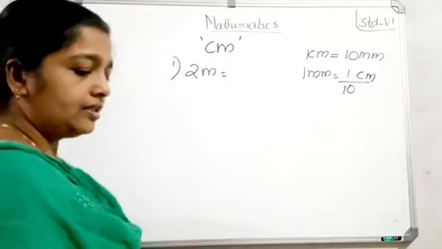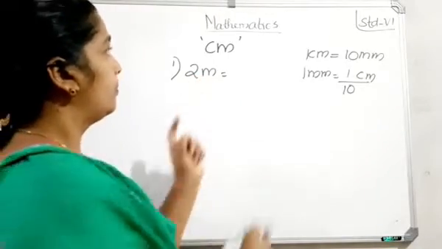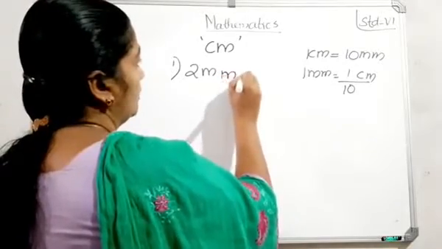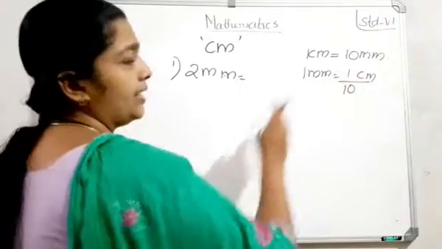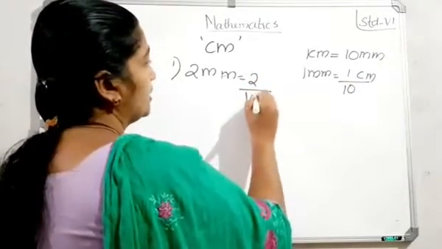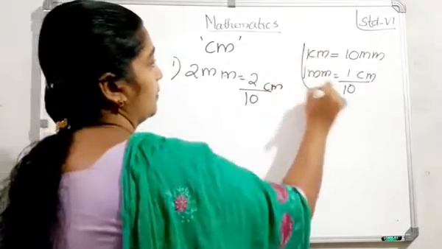So 2 millimeter equals 2 by 10 centimeter.